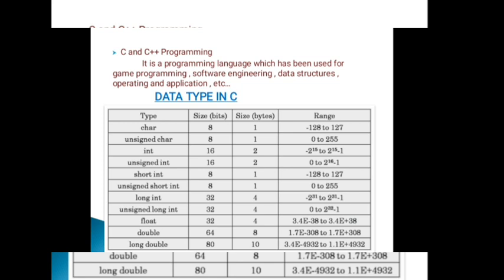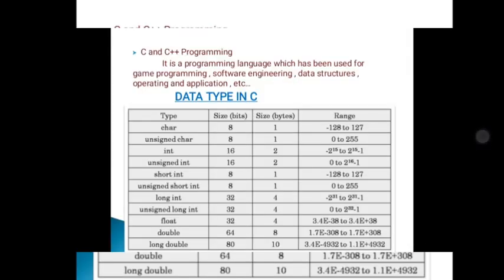There are 4 data types in C programming. The 4 data types are: first integer, second character, third float, fourth double.